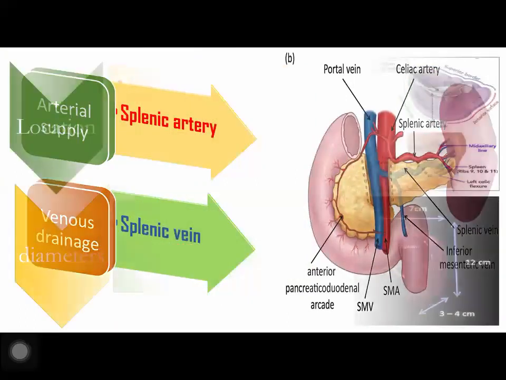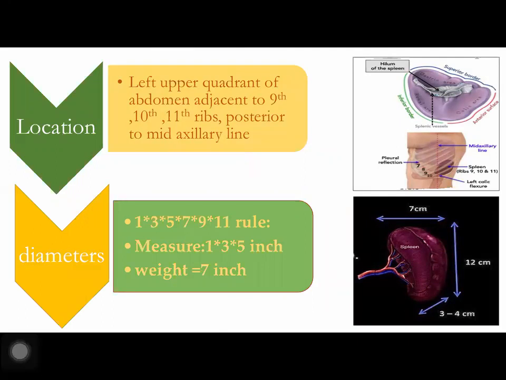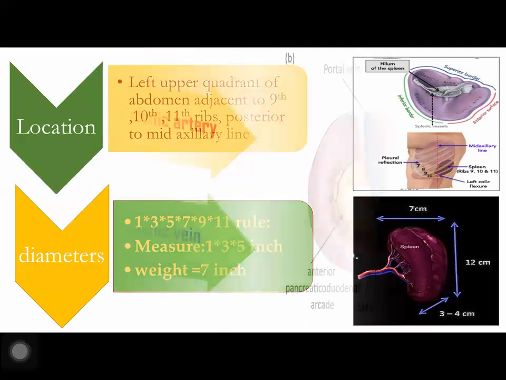Also the diameter can be remembered by the 1, 3, 5, 7, 9, 11 rule: 3 inches thick, 5 inches wide, 7 inches long, adjacent to the 9th to 11th rib.